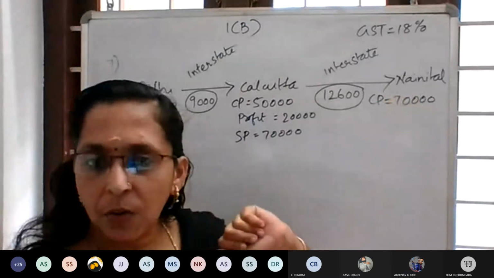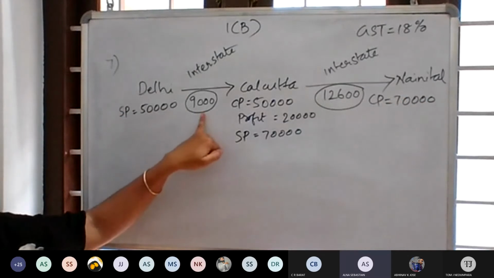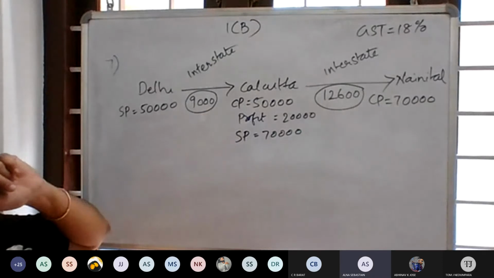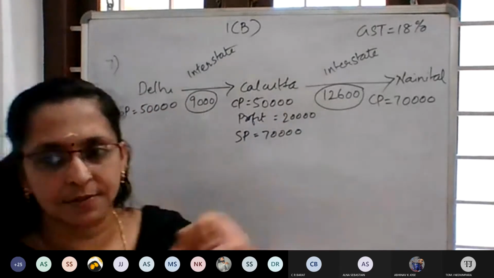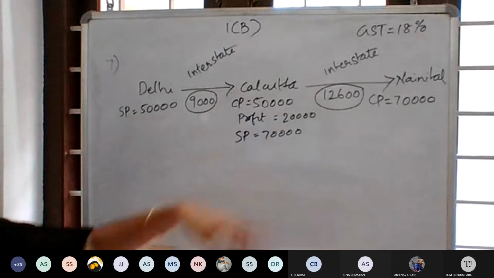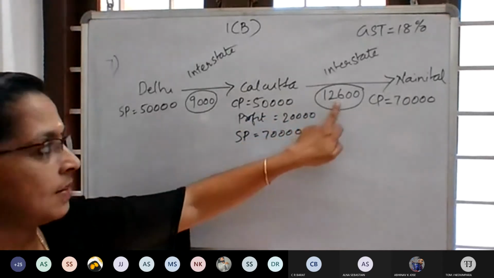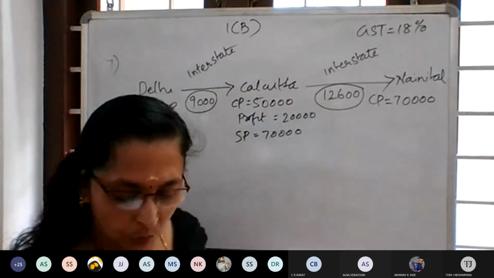Nainital is zero. So output tax at Delhi is 9,000, at Calcutta it is 12,600 minus 9,000, and Nainital will be zero.